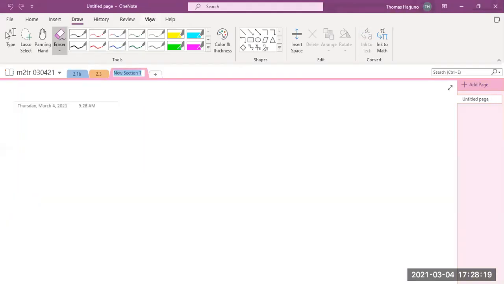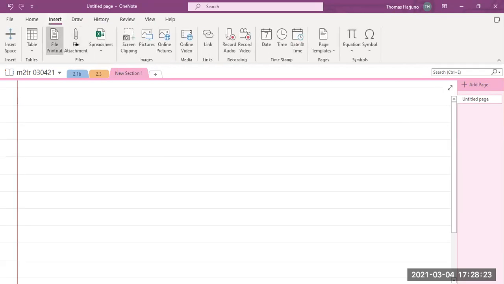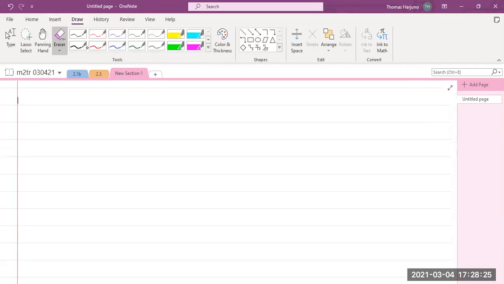We will continue with section 2.2, where we will talk about just reflection. And then after that, I will introduce you to some basic functions.